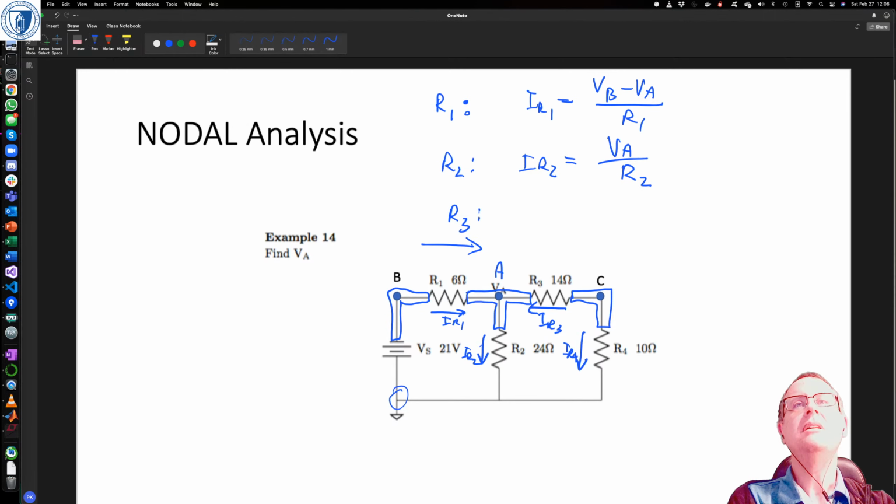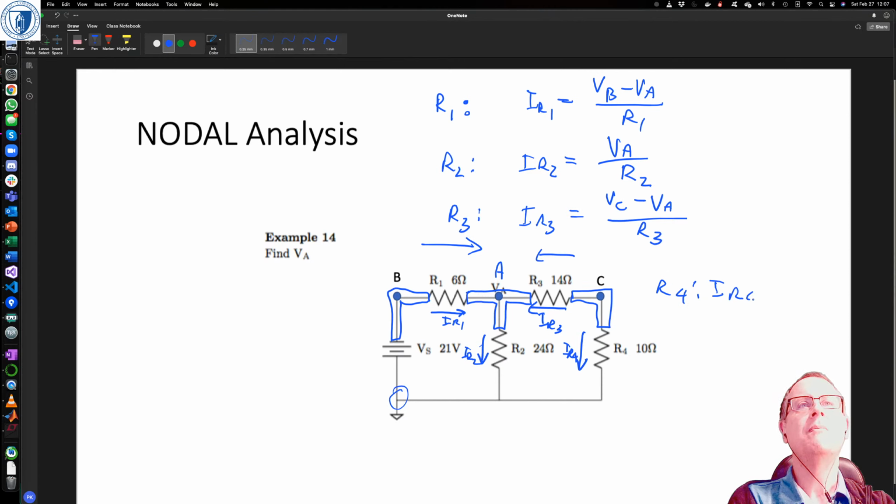Then R3, now we're going this way for R3, so IR3 equals VC minus VA on R3. And then lastly we've got R4, IR4, and it's very similar to IR2, it's just VC minus 0, but to make things a bit simpler, it's VC on R4.